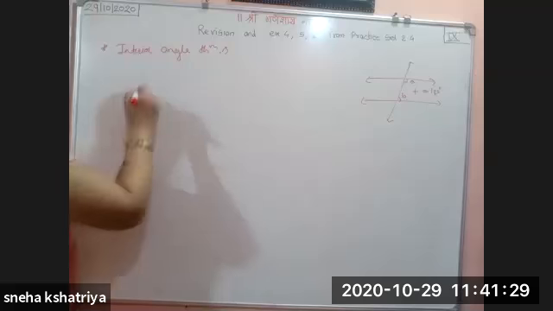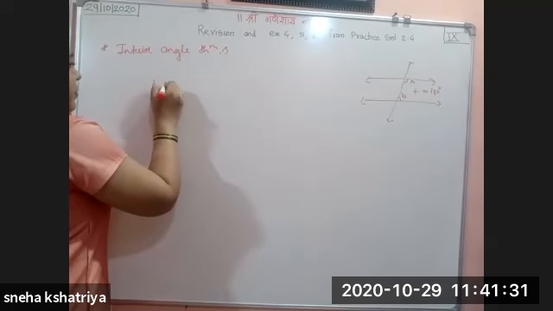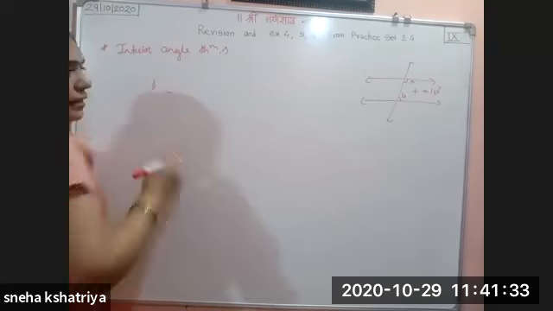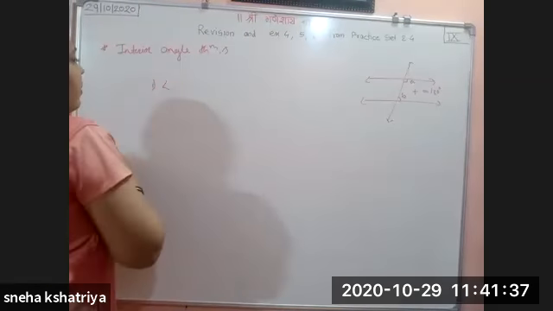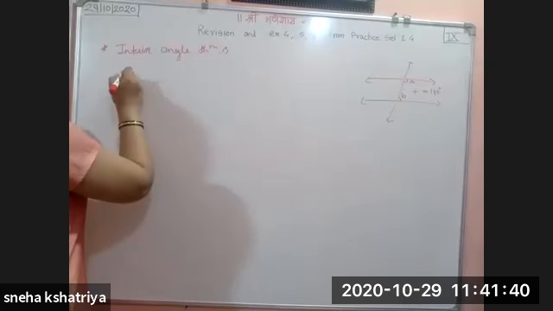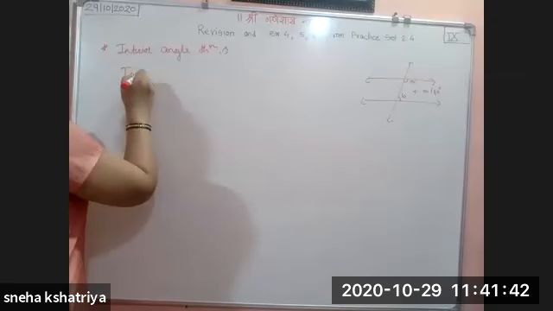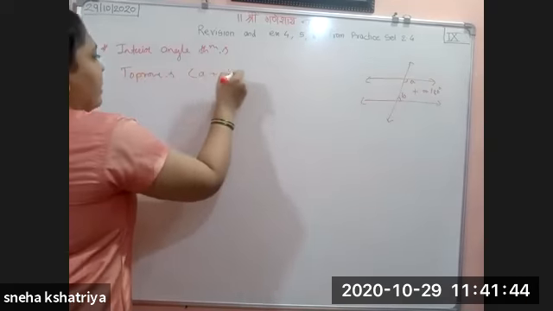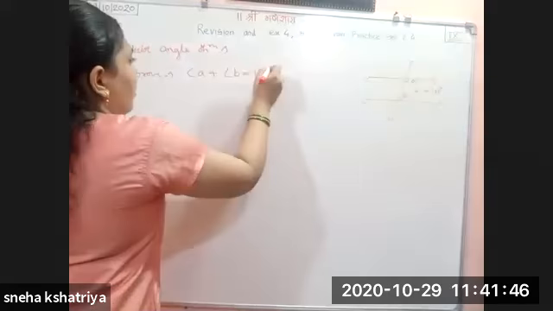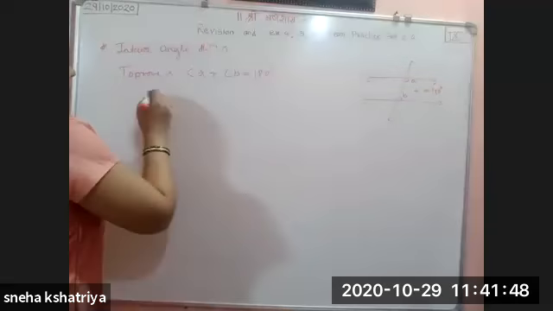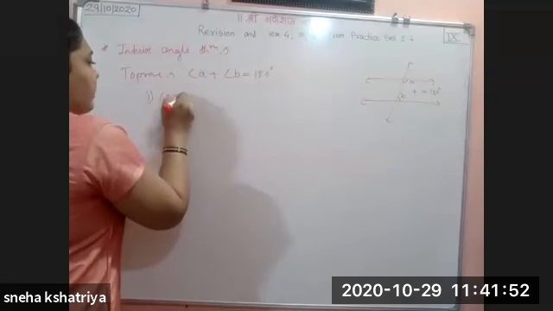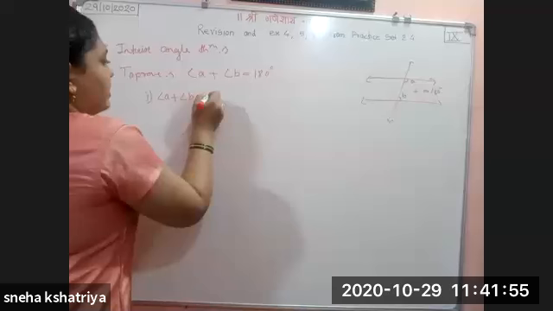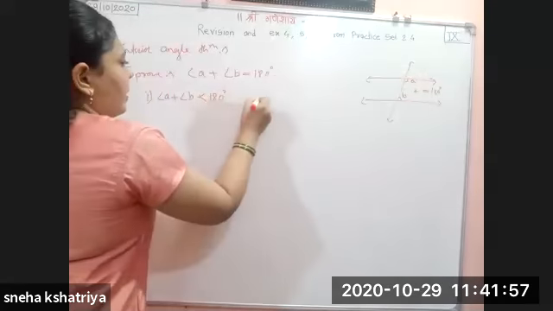For that we have taken three conditions. Whatever the conditions are. First condition, what we have to prove here: angle A plus angle B is equal to 180 degrees. Okay. Then we have taken conditions in the proof: angle A plus angle B is less than 180.